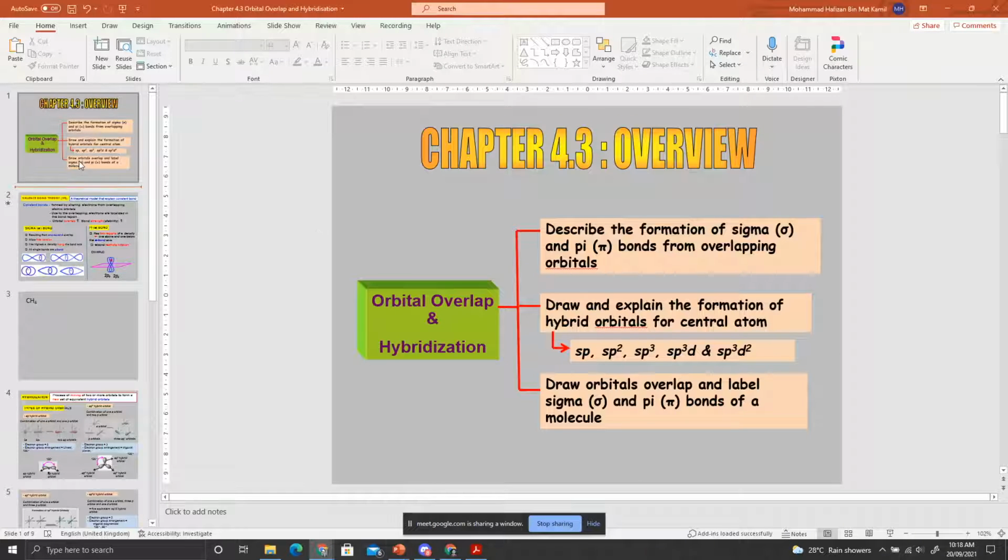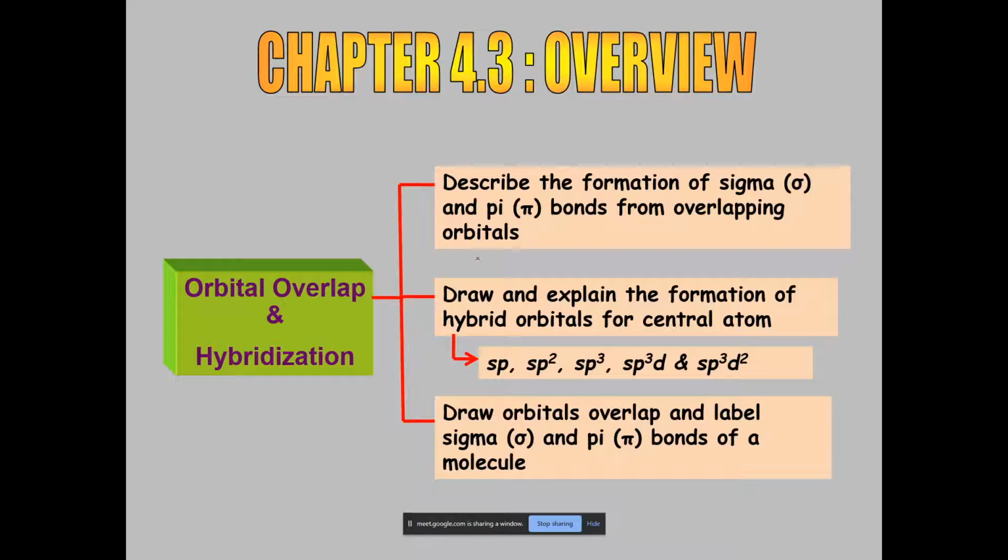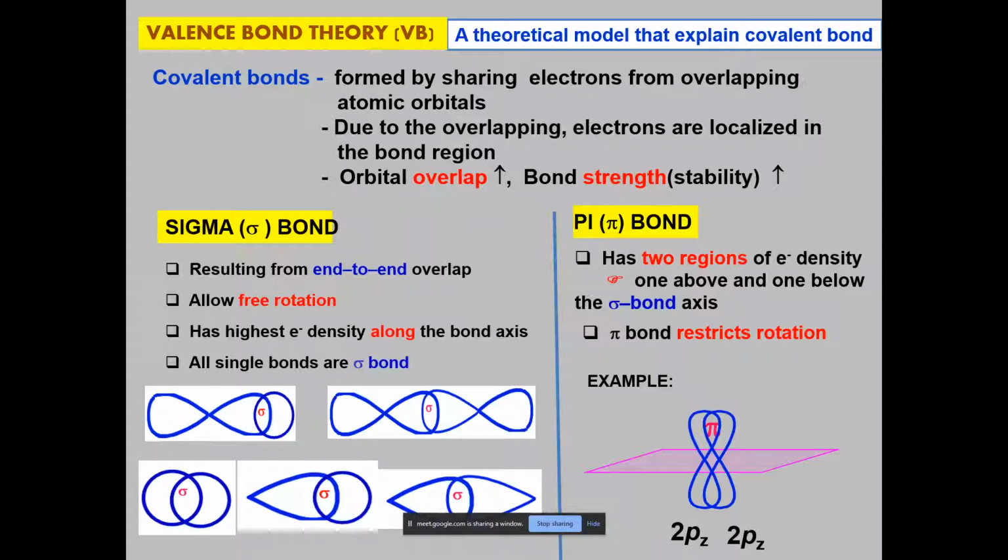So here, chapter 4.3 overview. We want to look at sigma and pi bonds, where they overlap, and then hybridisation. First, let's look at sigma and pi bonds and how they overlap. In covalent bonding, this is valence bond theory.